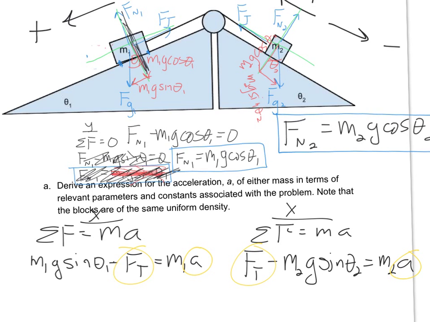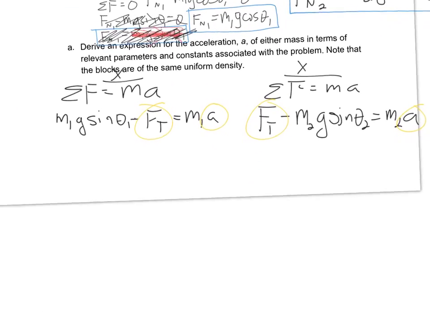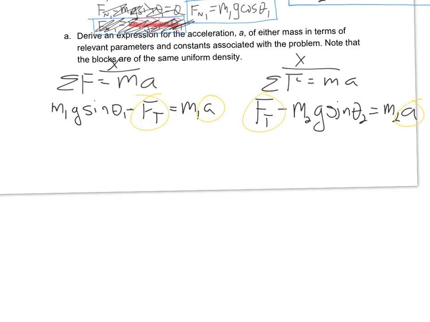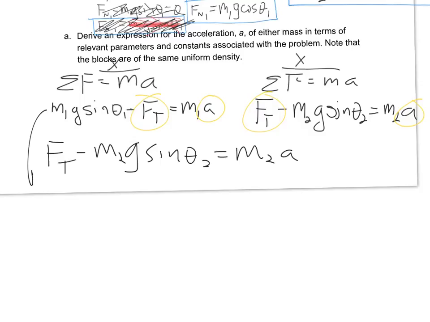Okay, so now it's time to solve the system. Easiest way to do it is to probably just write the equations on top of each other in linear combination style. So ft minus m2g sine theta 2 equals m2a, and then this equation comes down here, and rearrange it a bit, so put the ft's on top of each other, plus m1g sine theta 1 equals m1a.